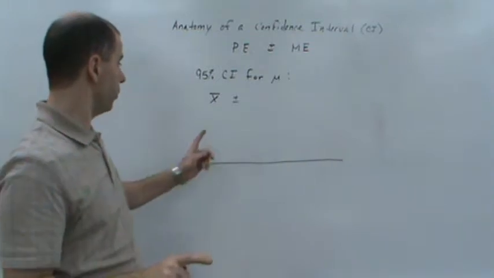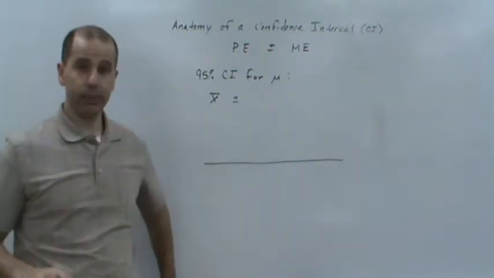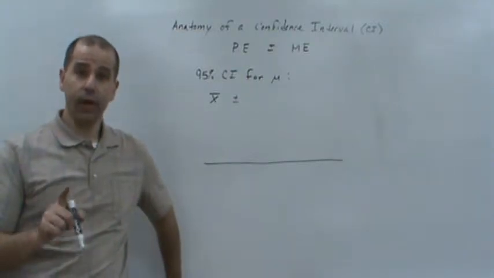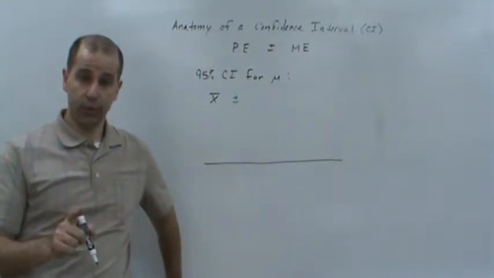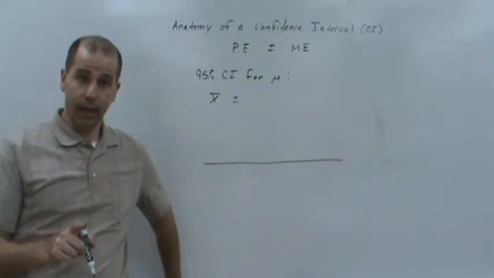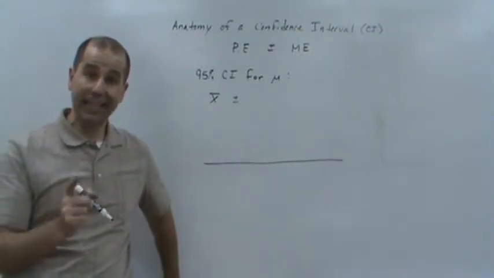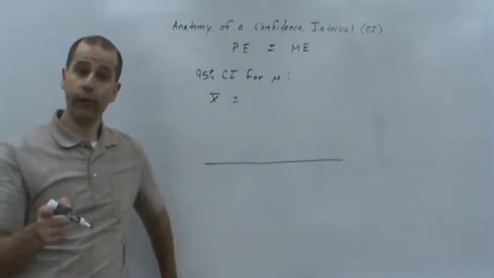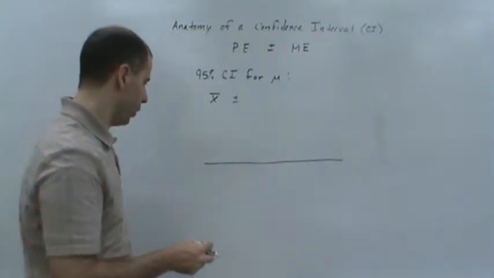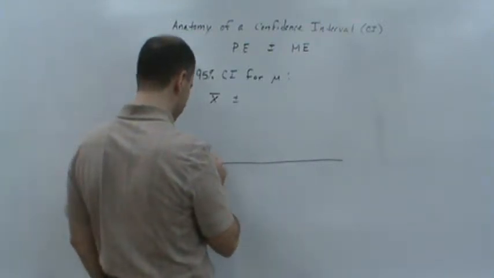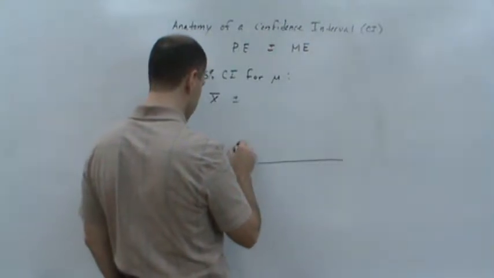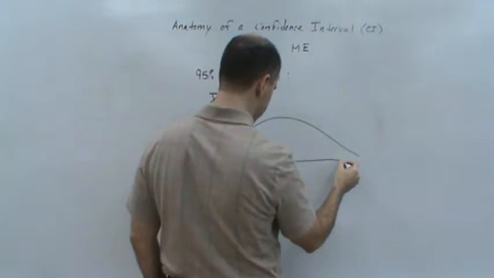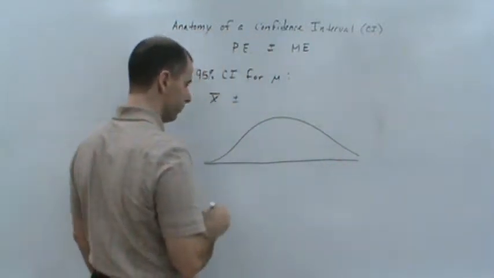If we're going to use X bar as a point estimate, it would be nice to know the distribution of X bar. And it would be nice if it was something easy that we've used before. Well, what if it was normal? So what if we have the distribution of X bar being normal?